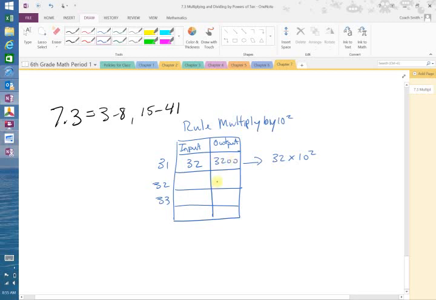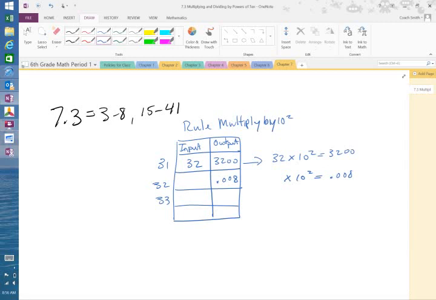Now they have 0.008. Okay, this one's a little harder. We said this is equal to 3,200. What they're saying here is I'm going to take and multiply something times 10 to the second and get 0.008. Okay, so I had to move it to the right, correct?